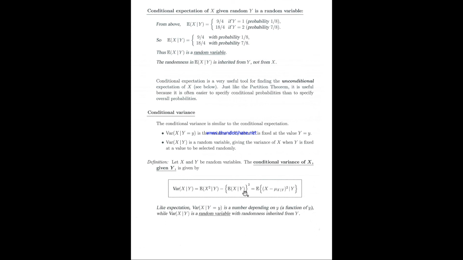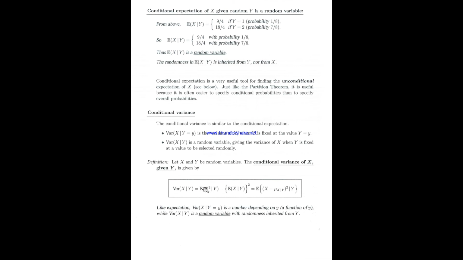And then, when you take x and y as two random variables, we can write the conditional variance like this. We know that the unconditional variance of x is equal to the expected value of x squared minus the squared value of the expected value of x. Same thing we have done here.